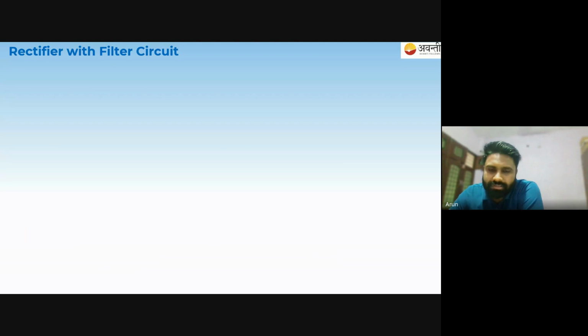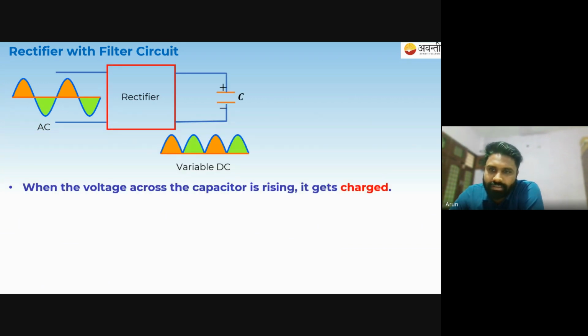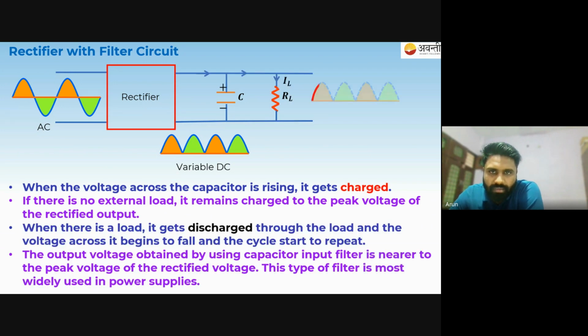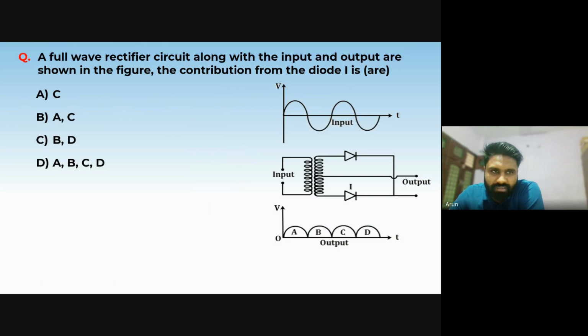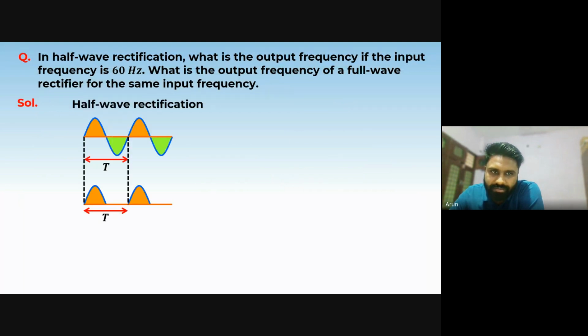So we have all studied it, and the rectifier with filter circuit, in which we add a capacitor in parallel to the rectifier. This numerical we have also solved. This we have also done.